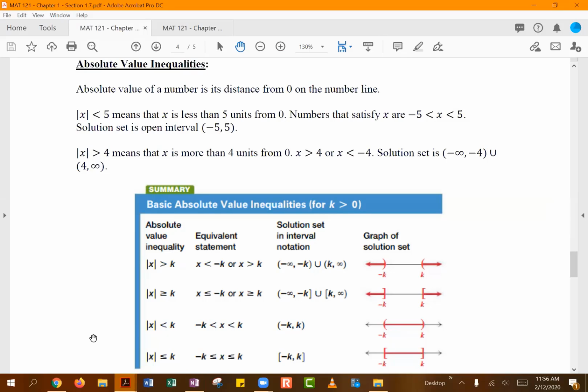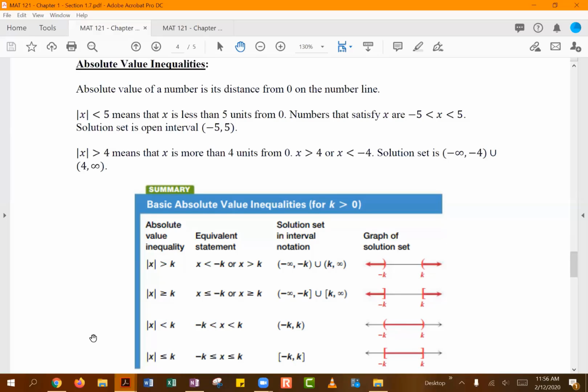Because absolute value, again, is a distance. So we're saying it's going to be less than 5, which means on the right-hand side, the value has to be somewhere from 0 to 5, just not including 5. And on the left-hand side, it's got to be somewhere between -5 and 0.